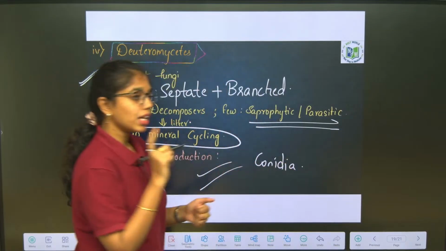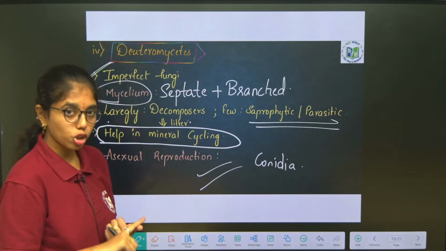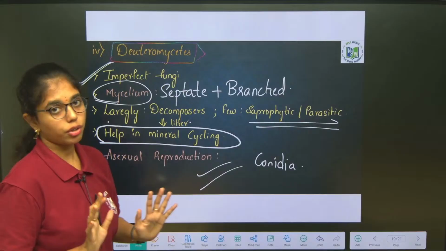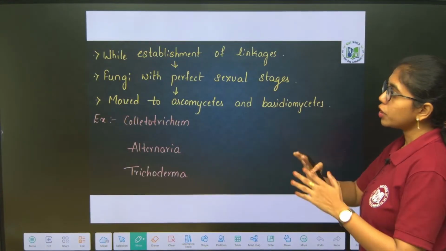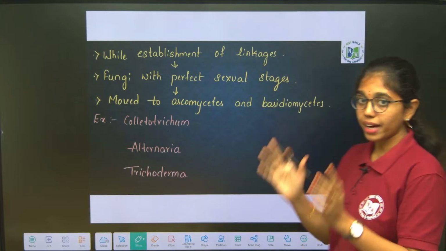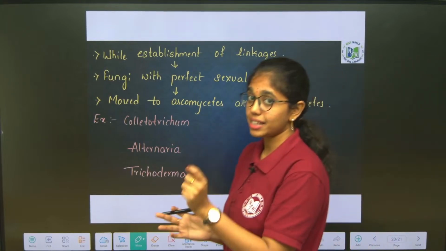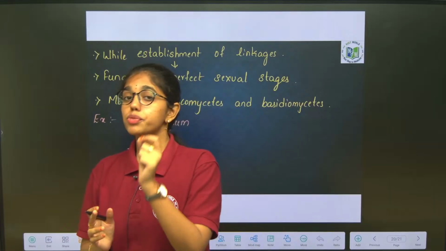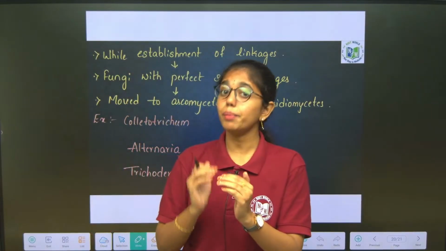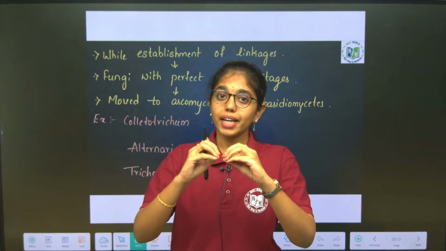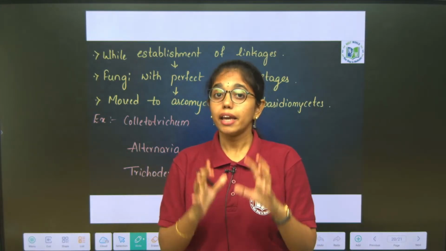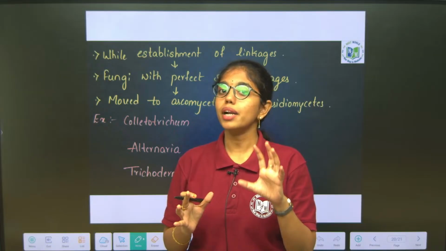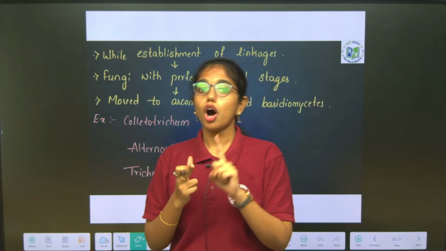So, conidia are asexual spores both in Ascomycetes and in Deuteromycetes. There is one paragraph in our NCERT which clearly says that most of the examples which were placed in Deuteromycetes in the beginning of classification were again placed into Ascomycetes and Basidiomycetes if they are conducting sexual reproduction.